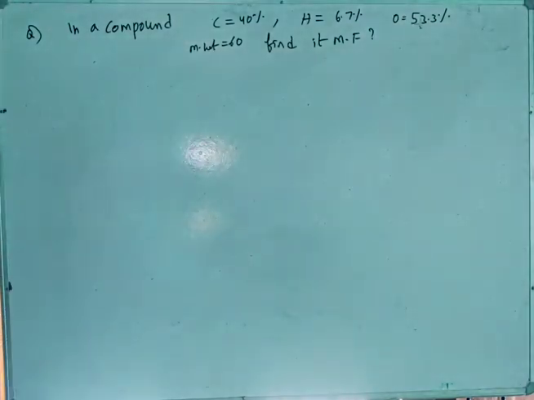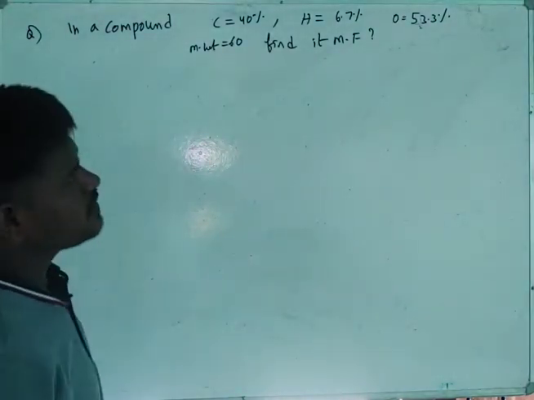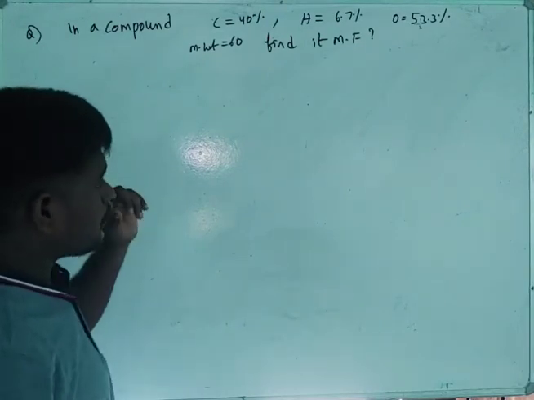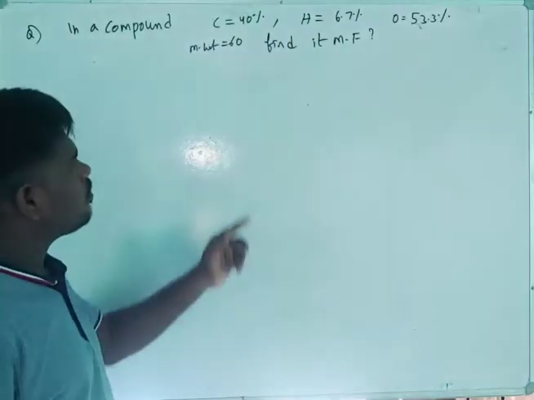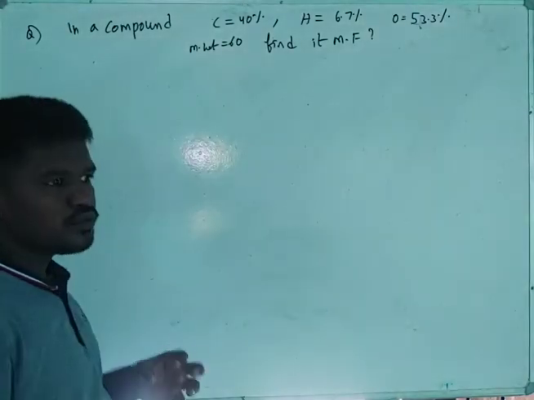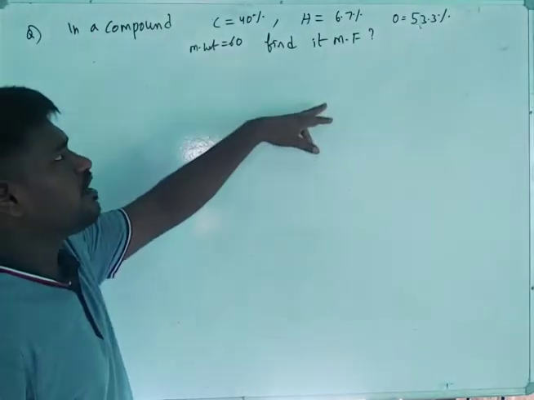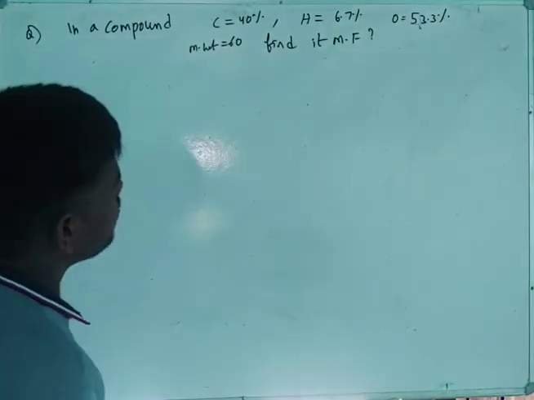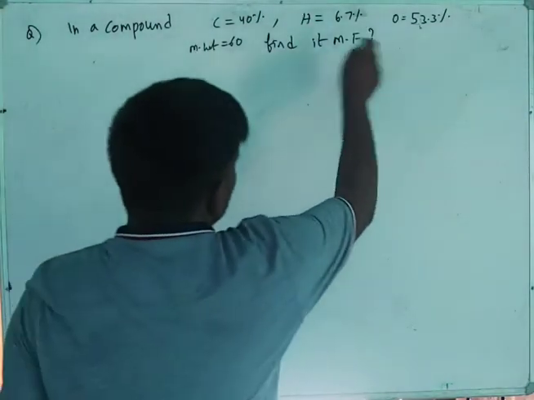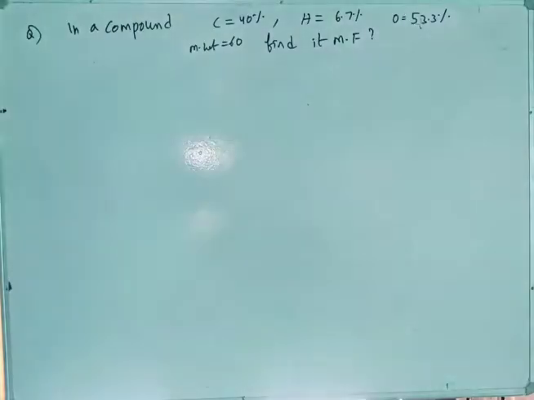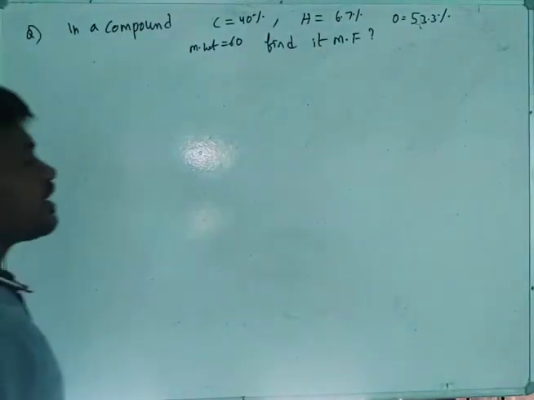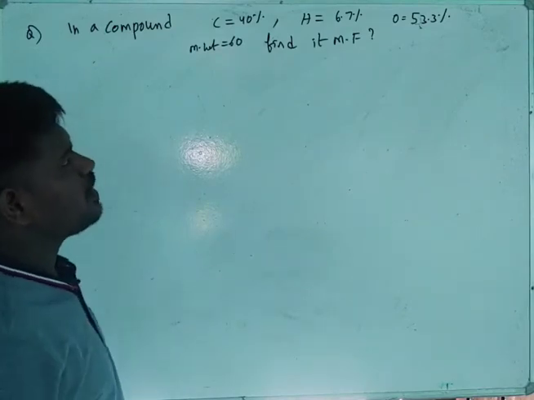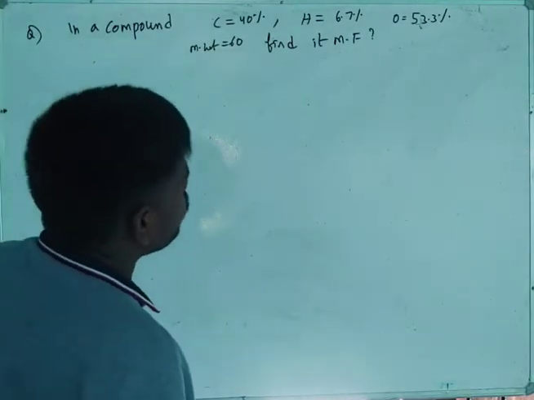So in previous problems, guys, empirical formula is given and molecular weight is given, so by using the two formulas we derived the molecular formula. But here the empirical formula is not given. Now by using the percentage compositions, first we need to derive the empirical formula, and from that, as usual, we can find the molecular formula.